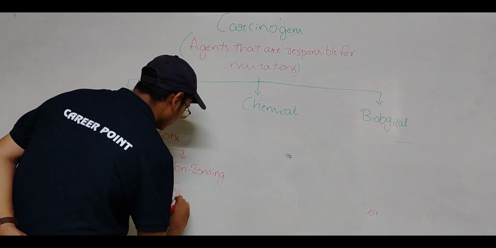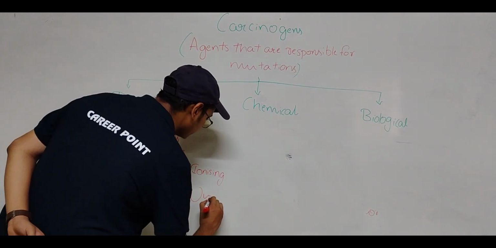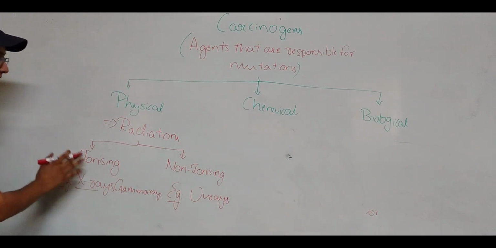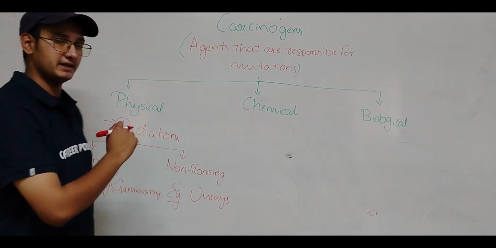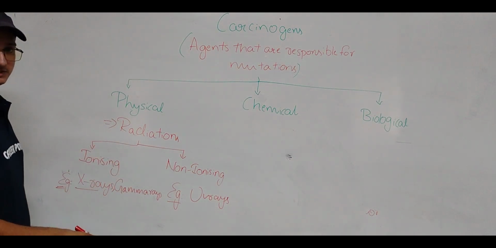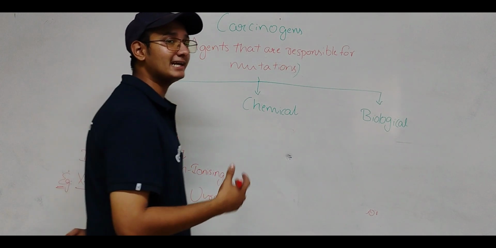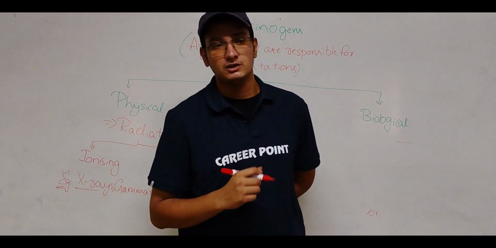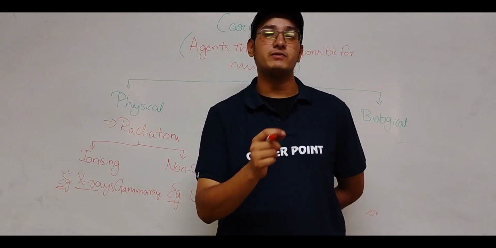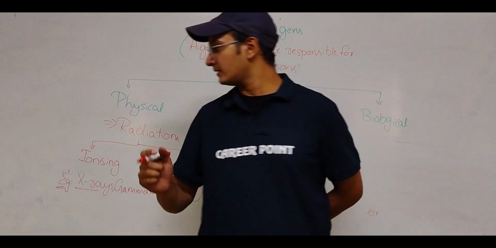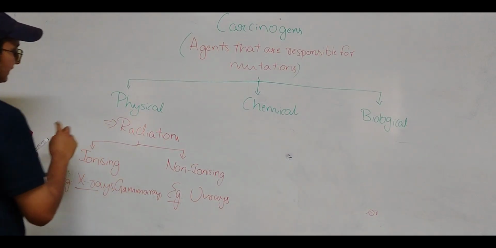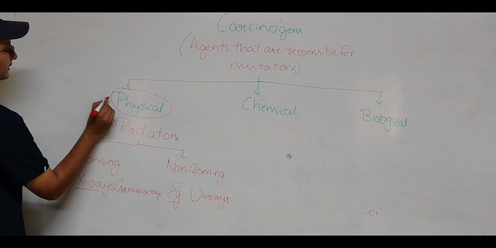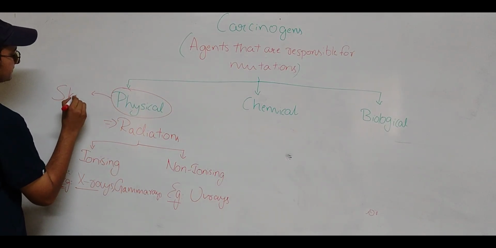And here we have UV rays. So X-rays and gamma rays are ionizing radiations and UV rays are non-ionizing radiations. They have very high energy. When you get repeated exposure to these kinds of rays, your DNA might get altered and it might lead to cancer. That's the reason why we use sunscreen whenever we go outside, to protect our skin from these rays. So these radiations lead to formation of skin cancers.